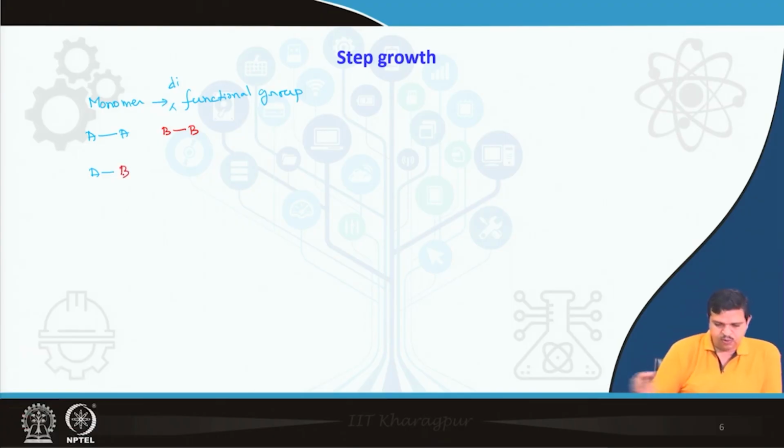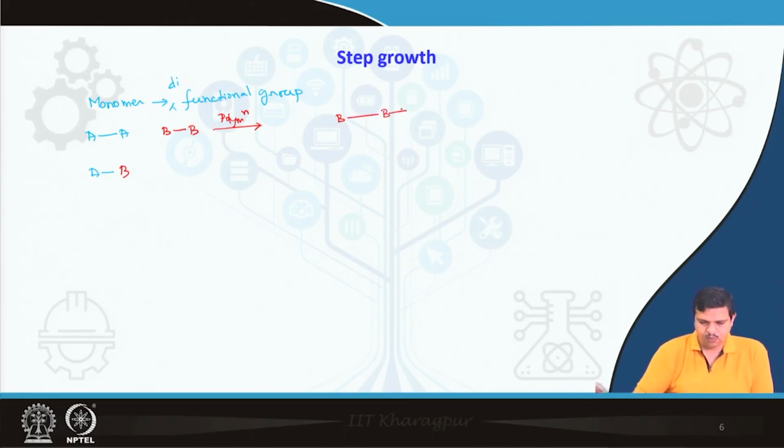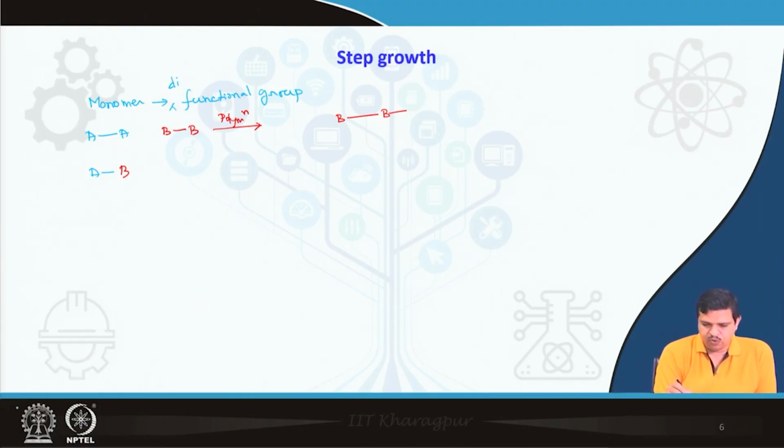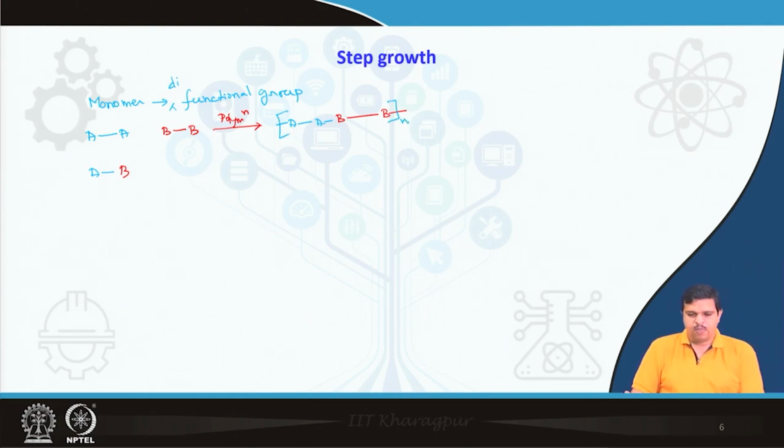Now, it is obvious that if you do the polymerization, obviously here it is step growth polymerization, A will react with B functional group, and you will get this kind of polymerization.